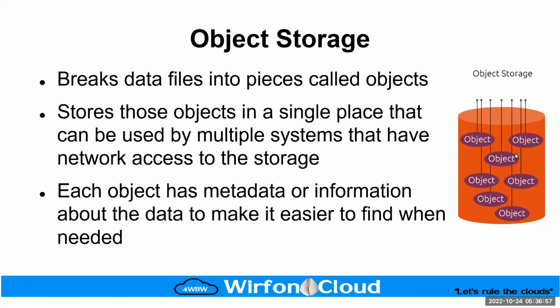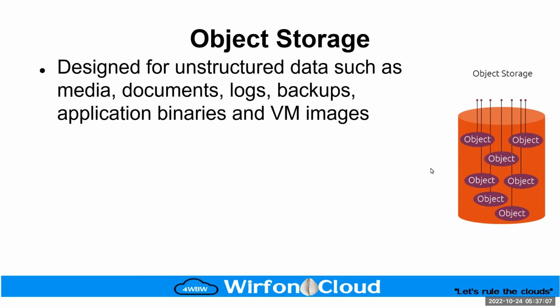Each of these objects has metadata, or information about the data, to make it easy to find when needed. Object storage is designed for unstructured data such as media, documents, logs, backups, application binaries, and VM images.